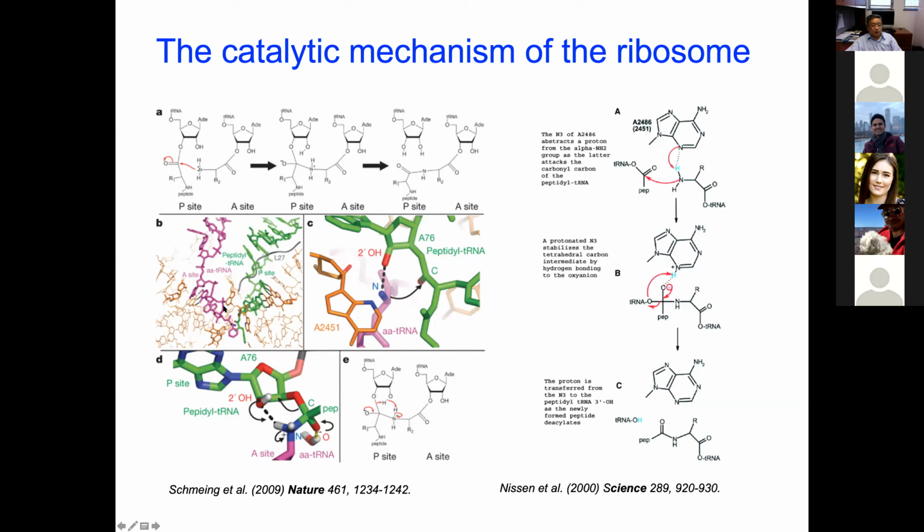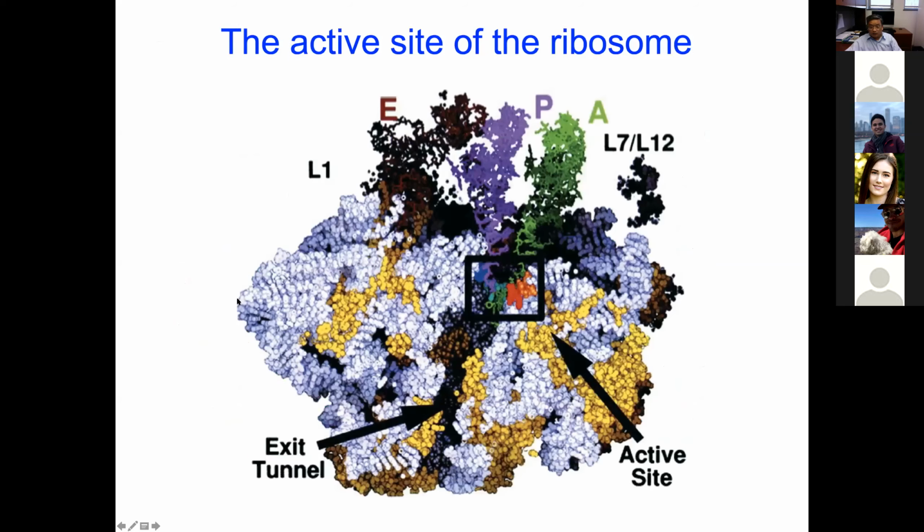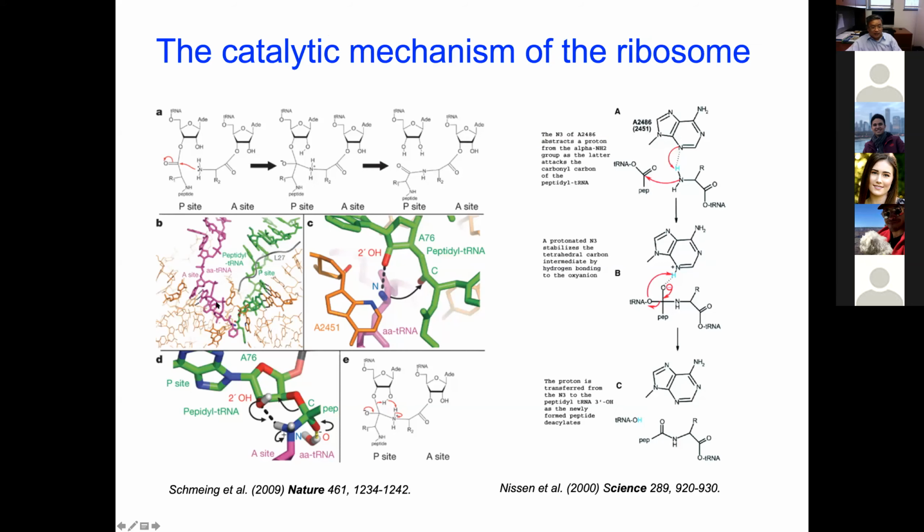And so this is the zoom-in view of the active site. In this picture, I want to show you that black box, and here is exactly what you see in that black box. And this is an even closer zoom-in, and you see the polypeptide coupled to the 3' end of a tRNA. And then this is the amino acid tRNA, which has the amino acid.